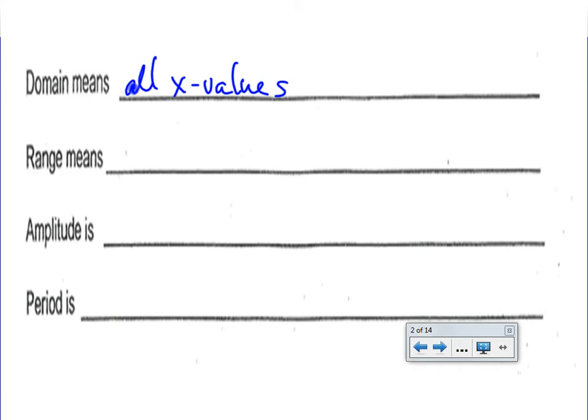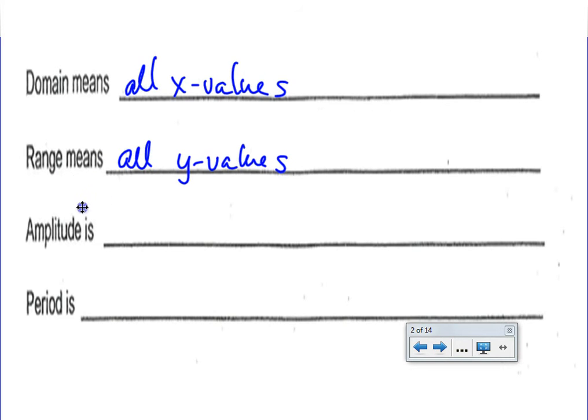So what is the range? All y values. All the y values for which the function is defined, but we'll just say all the y values. Amplitude. Maximum y value. Yes, max, and in our case, because it's cyclical, it also goes down to a min.